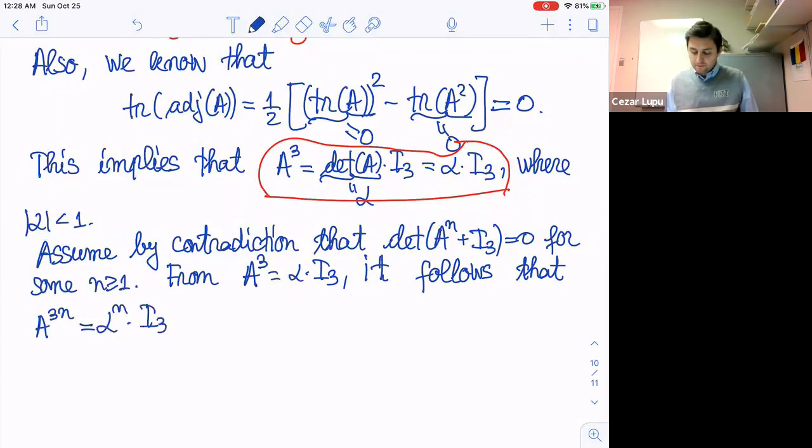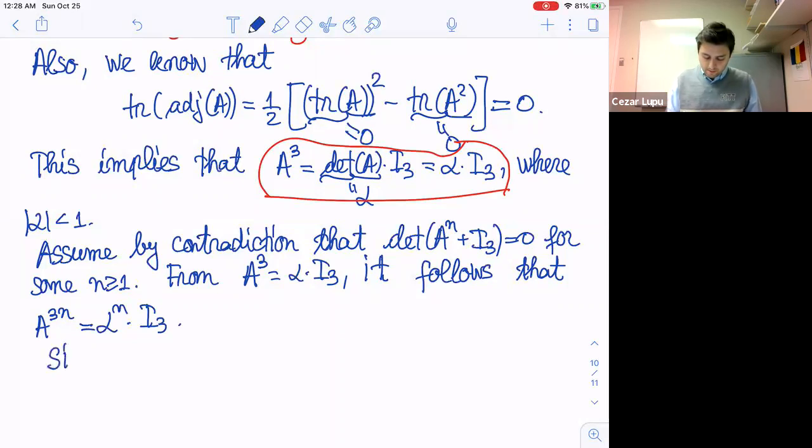So now what we're going to do is the following. Because the determinant of A to the n plus the identity is 0, right?